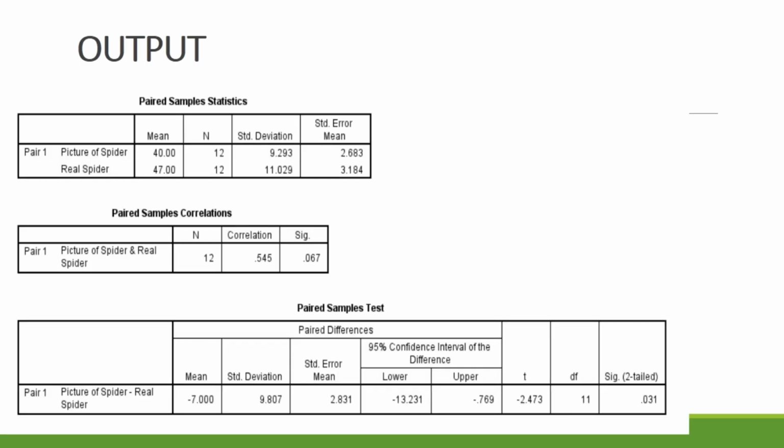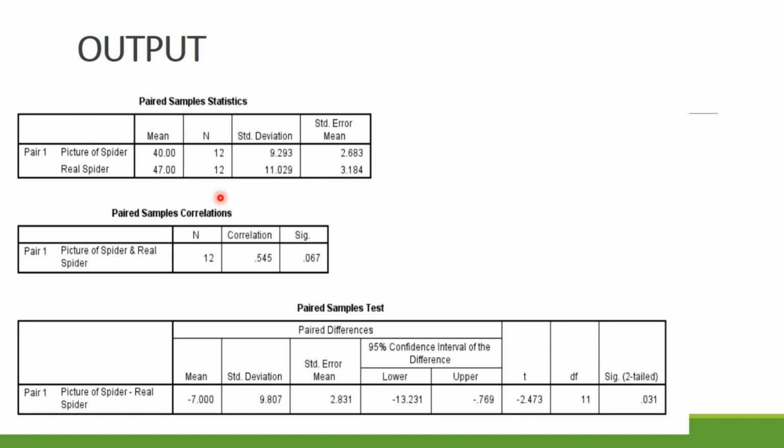SPSS would generously give us this output, which shows us all the values needed to analyze the data that we have gathered. So in the first table here, you can see the mean, the number of participants, the standard deviation, and the standard error mean of each condition, picture and real. In the second table, you can see that the Pearson's correlation is being shown.